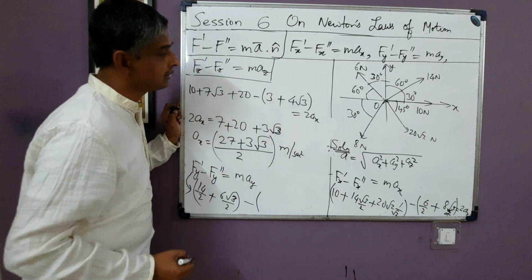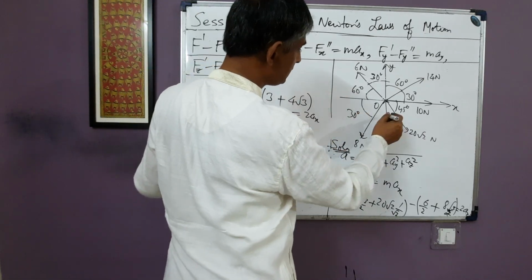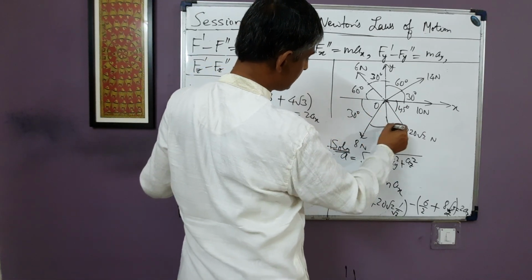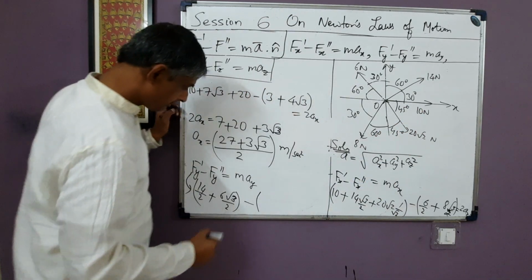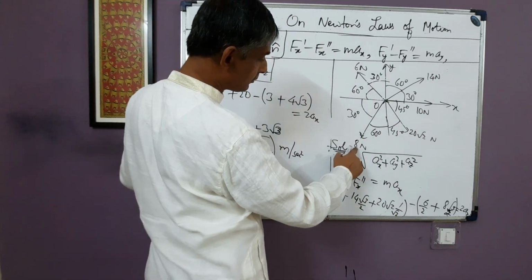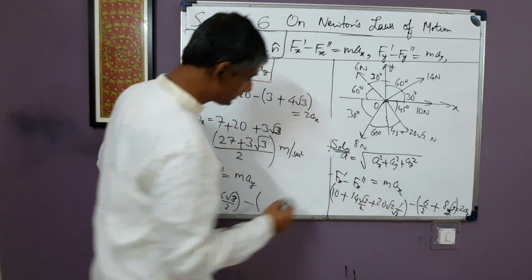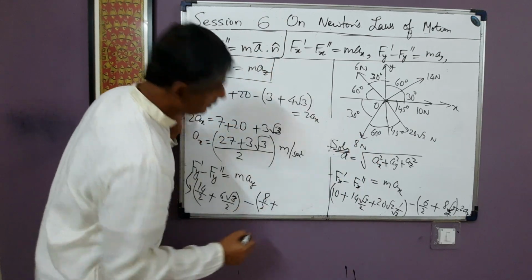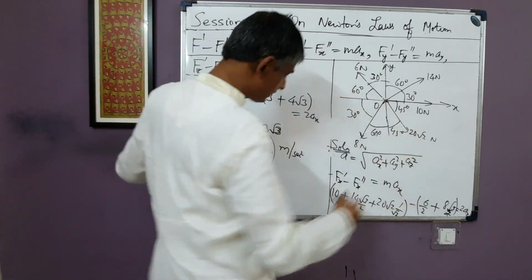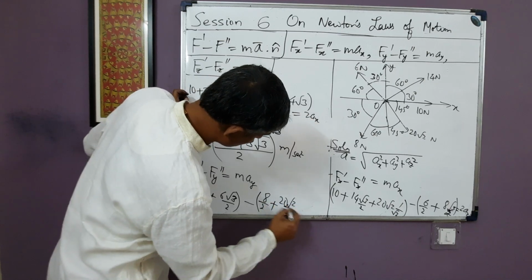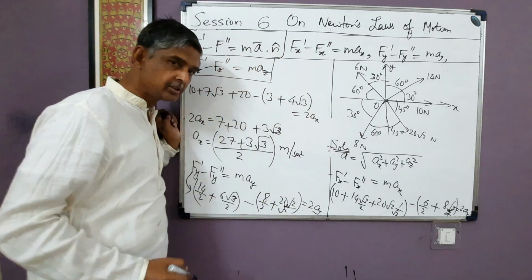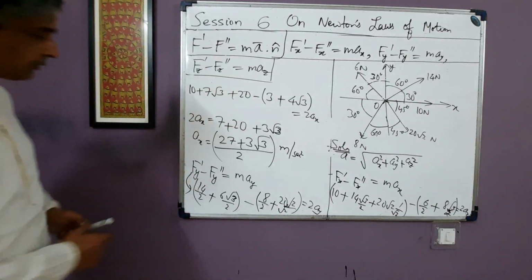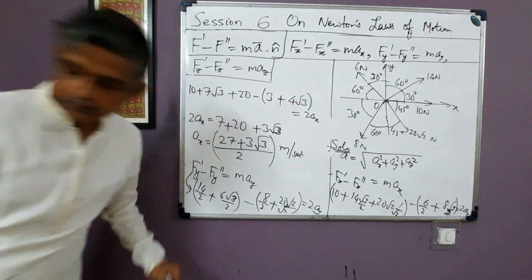So Fy double dash becomes, this is 30, so this angle is 60 degrees, this is 45, this is also 45 degrees. The magnitude of the y component of the 8 Newton force is 8 cos 60 degrees, 8 by 2, and 20 root 2 cos 45 degrees, 20 root 2 by root 2, that is equal to 2 times Ay. I hope it is clear. Fine. So from this we simplify and get the value of Ay.